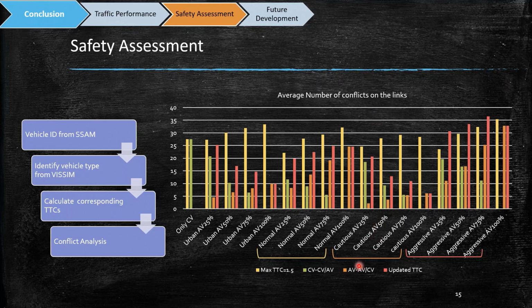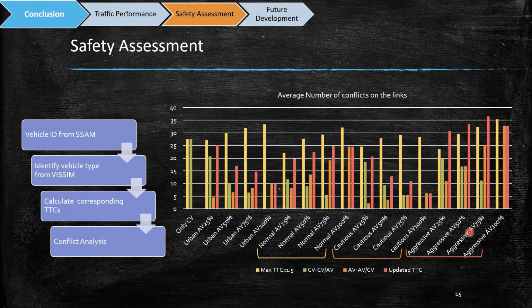But in the cautious, it's a different direction, and the updating of the TTC reduced the number of conflicts, and it mostly relies on the larger gap that they have, and the role of the cautious AV.